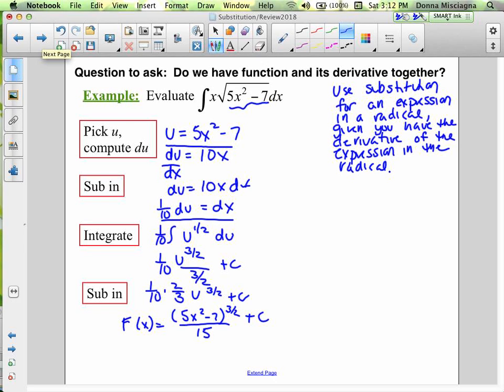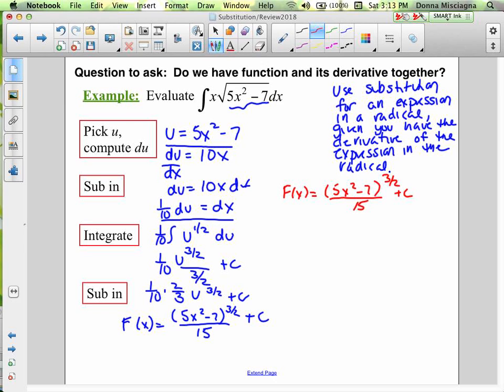There is our equation. So now let's take the derivative to check. All right, so f prime of x equals, I guess I'll write the function up here. f of x equals 5x squared minus 7 to the 3/2 power divided by 15 plus c.